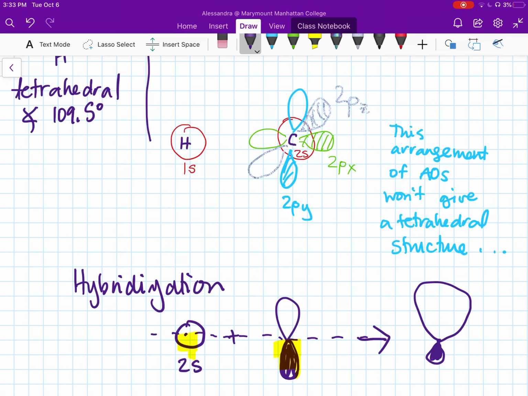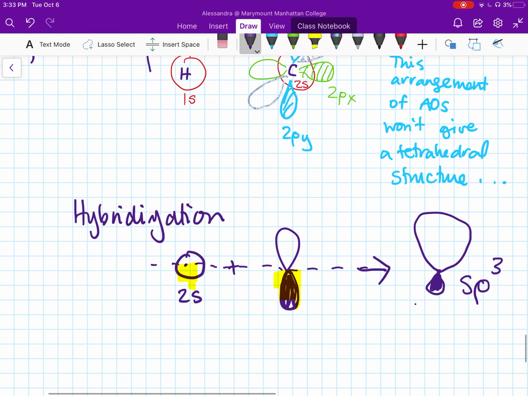So this is going to be what my sp3 hybrid orbital looks like. My sp3 hybrid atomic orbital.